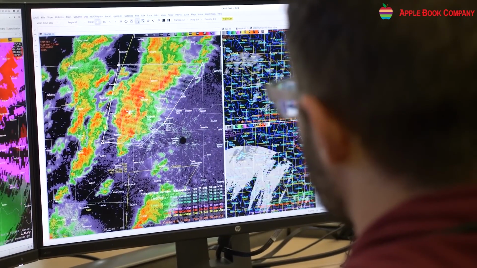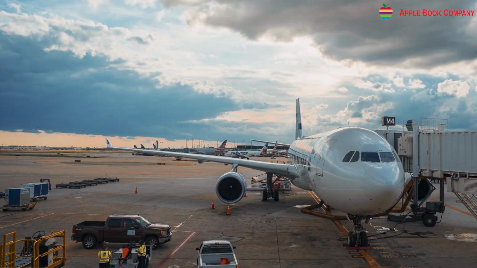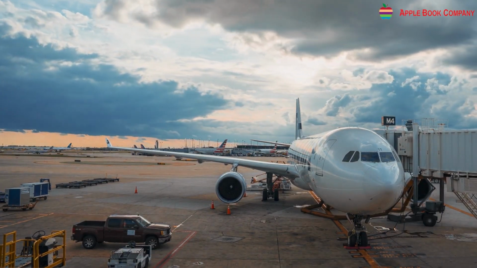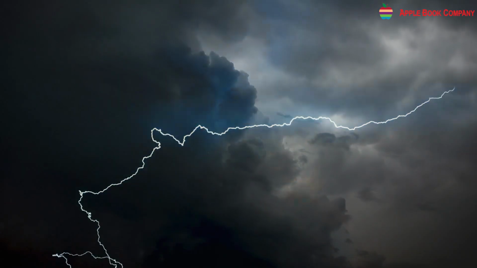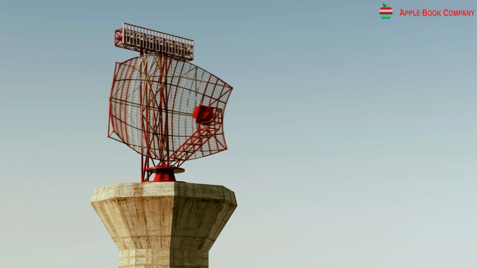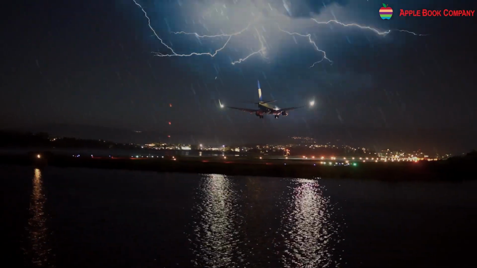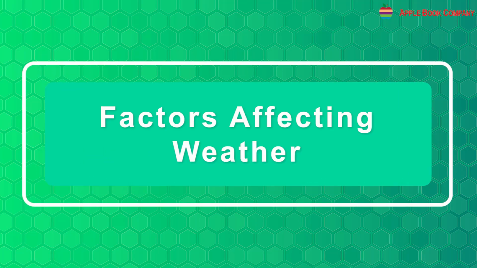Weather forecasting is important for the aviation industry. For example, if heavy thunderstorms and winds are forecasted, then they can choose to reschedule their flights. Factors affecting weather.